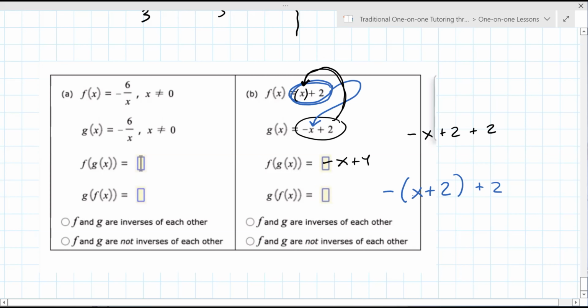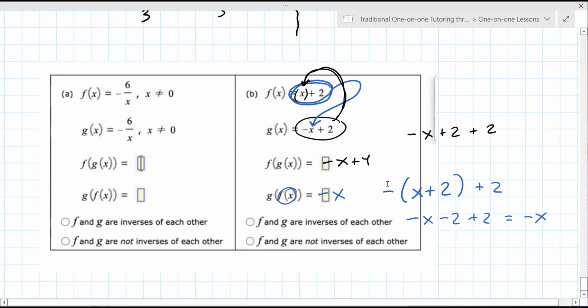We're taking the top value because it's g of f. Because I've got 2 different things going on here, it gets confusing. So this simplifies to minus x minus 2 plus 2, which becomes minus x plus 4.